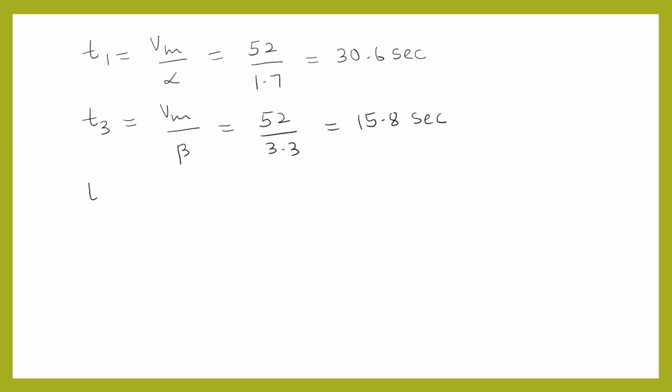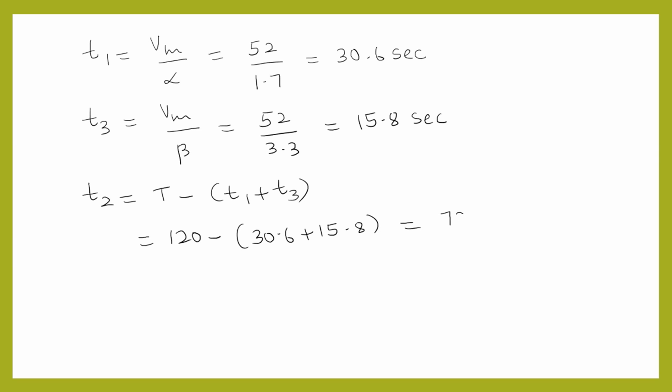Time for free running T2 is equal to T minus (T1 plus T3), that is 120 minus (30.6 plus 15.8), that is equal to 73.6 seconds.